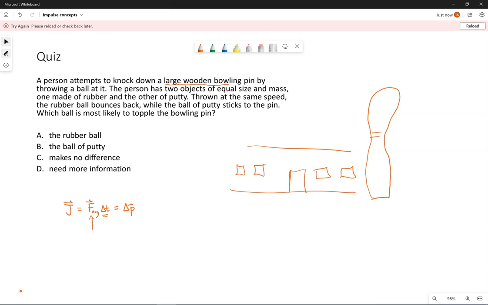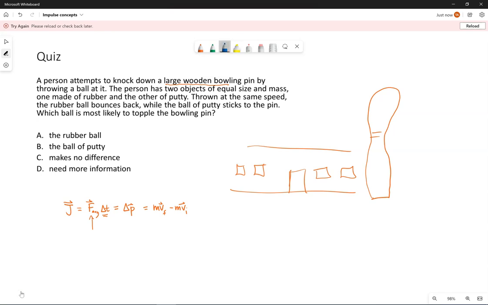We mean that initial collision where the putty gets stuck, just that tiny time frame. We know that impulse can also be calculated by change in momentum, meaning final momentum, which we could write as mv final, minus the initial momentum, mv initial.